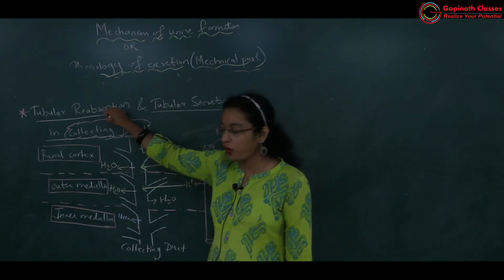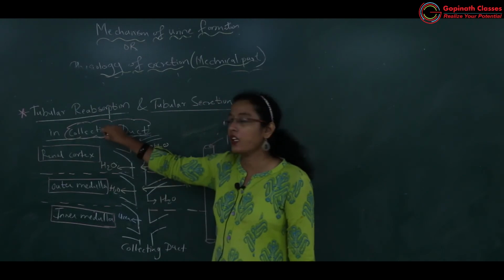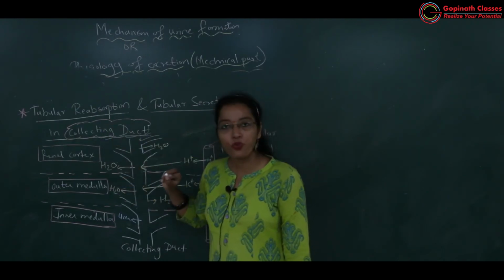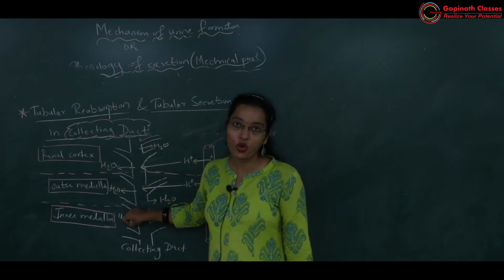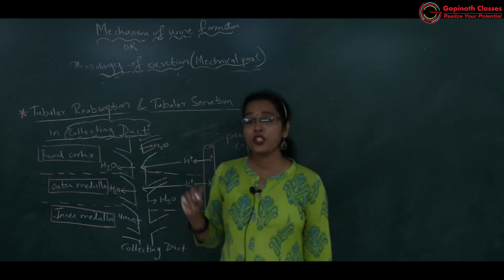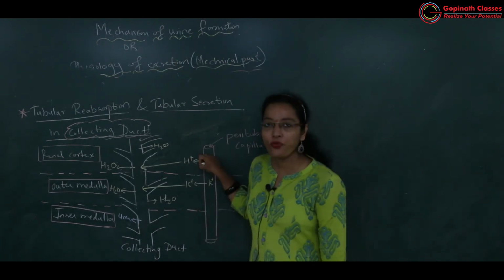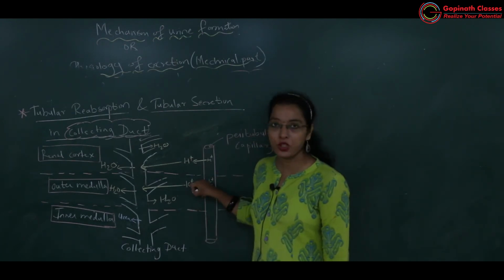So what undergoes tubular reabsorption in the collecting duct? A large amount of water and a small quantity of urea to maintain the osmolarity of the blood, and tubular secretion of H positive ions and K positive ions.